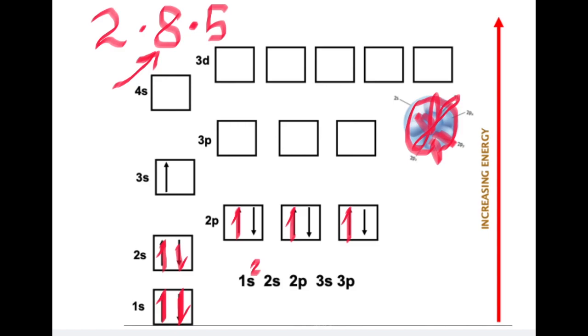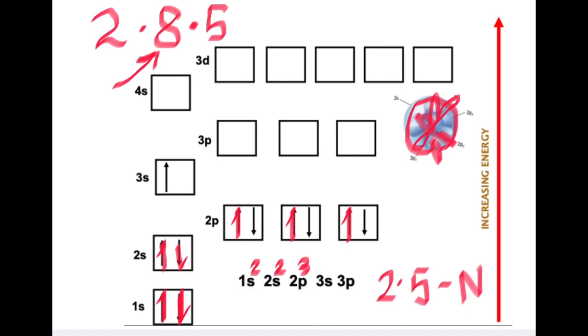Now sometimes we could just have an element with 2, 5. An element with 2, 5 actually is nitrogen. And what you see here in red is the electron configuration of nitrogen: 1s2, 2s2, 2p3. And notice how those 3 p's are written.